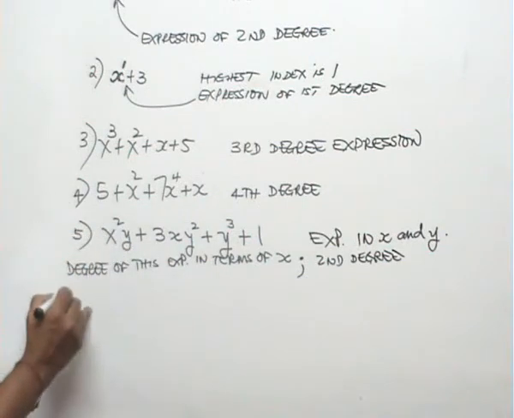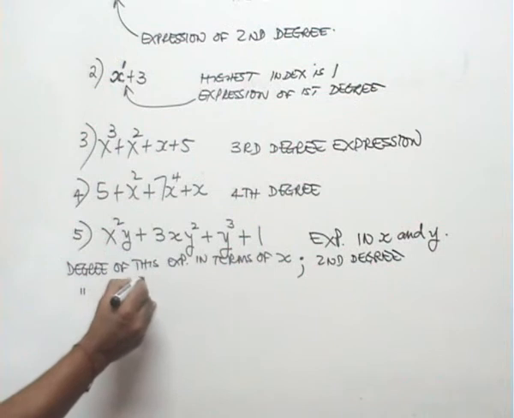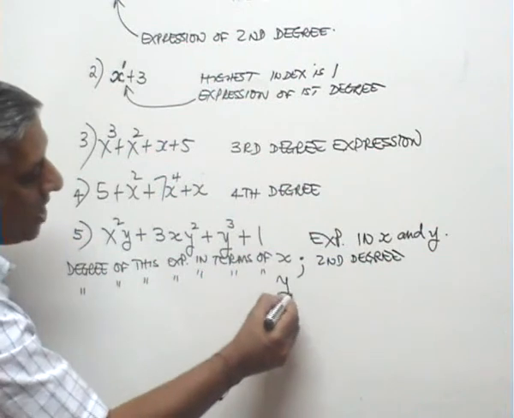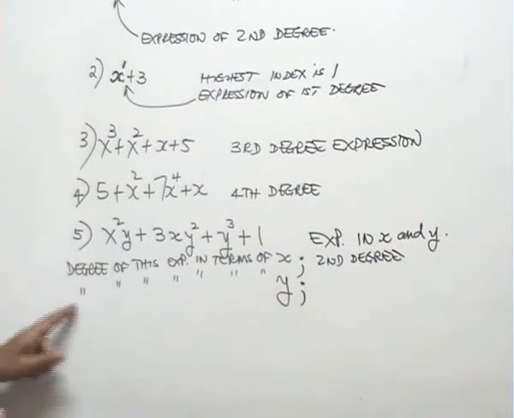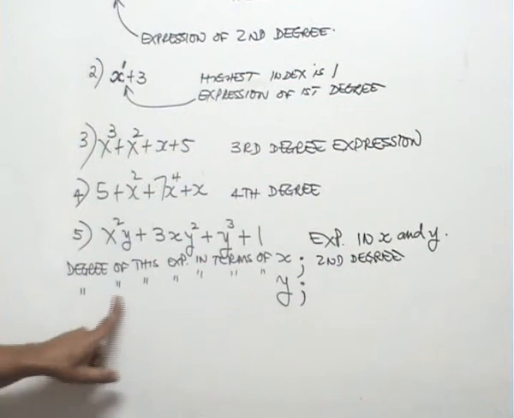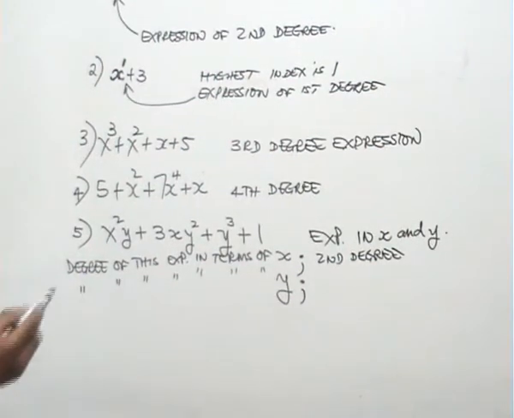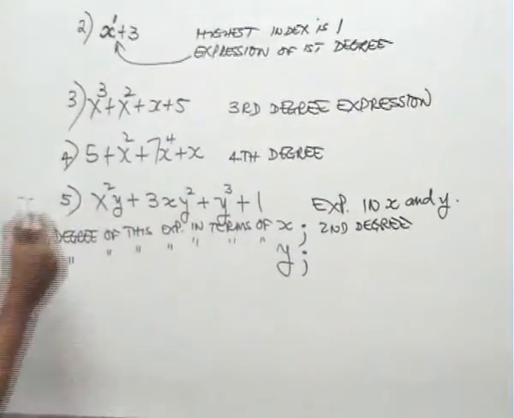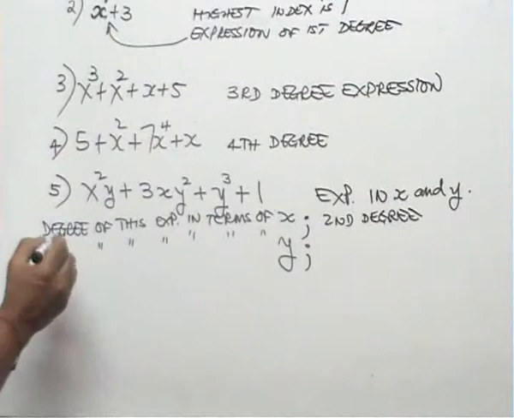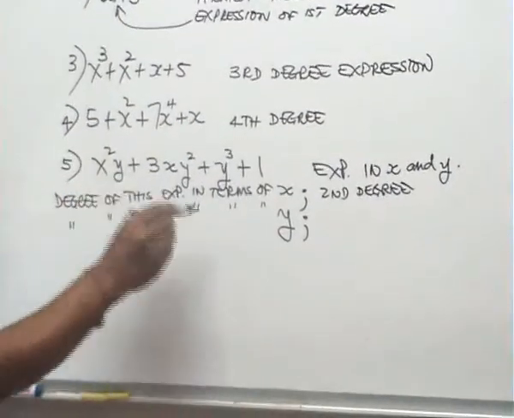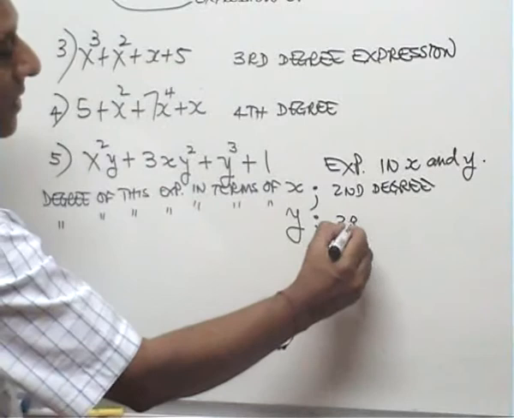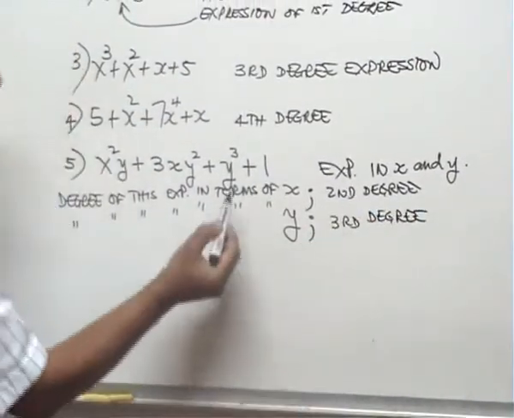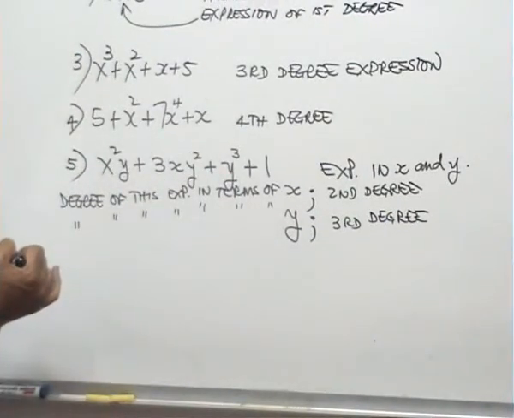Now the same question, what is the degree of this expression in terms of y? Now, in terms of y, you must study the y's and see what is the highest index of y. So the degree of this expression in terms of y is third degree, because the highest index of y is 3.